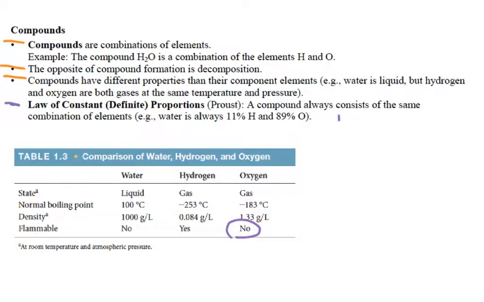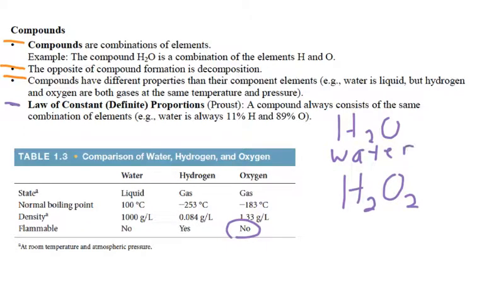Water is always H2O. Now, there is another thing called the law of multiple proportions that says these things can exist in other ways, such as it can be H2O2. So this is water, where this is hydrogen peroxide. You may have that at home in your medicine cabinet.